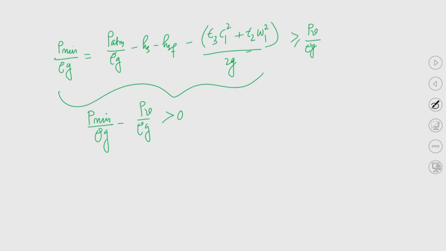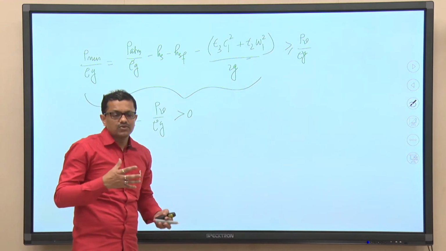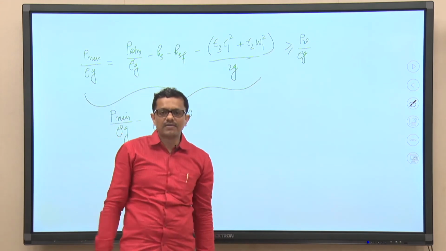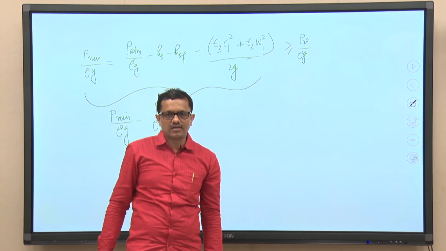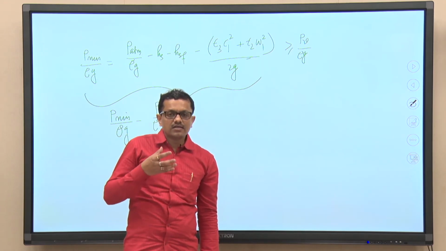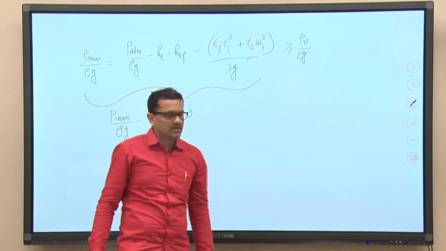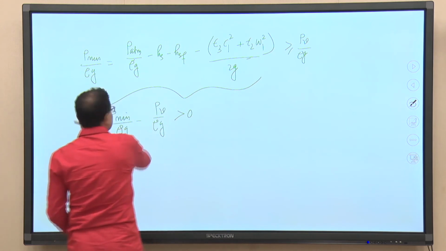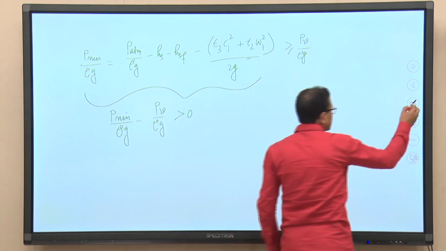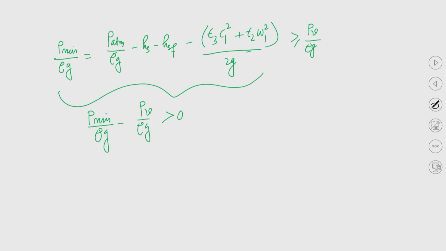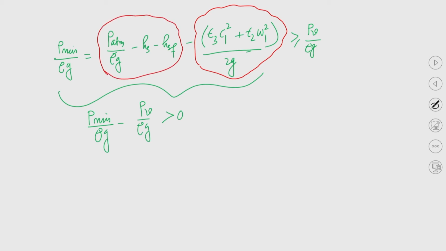into pressure head. So, if we really think about the system parameters to prevent the cavitation, what are the important things our pump designer and the system designer should consider? Let me identify them using different colors. This is the last term and these are the first 3 terms.